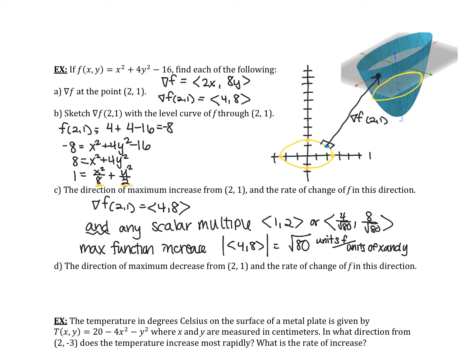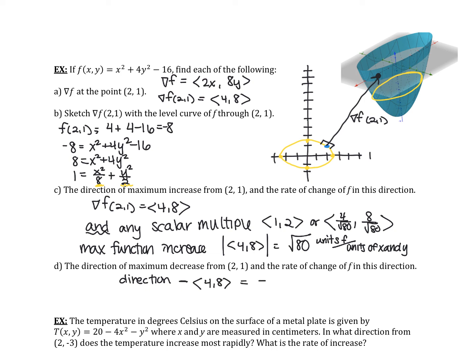All right, see if you can figure out the direction of max decrease and the rate of change in that direction. Hopefully you didn't have to think too hard about the direction of the max decrease because the direction is just the opposite of the gradient we had at the point (2, 1).